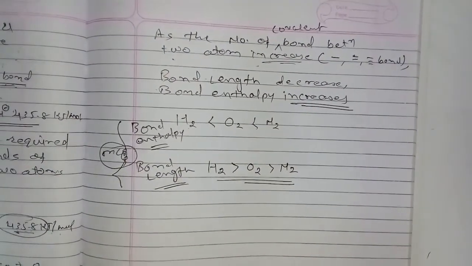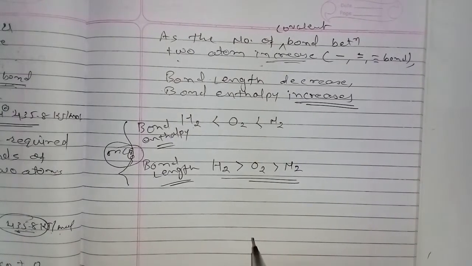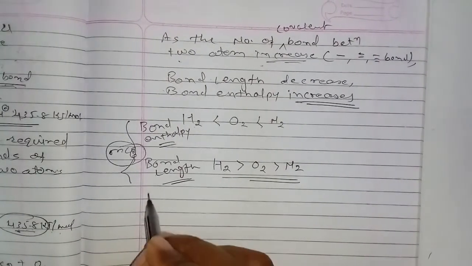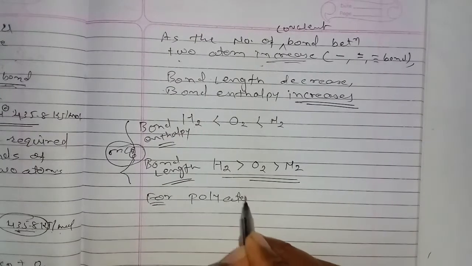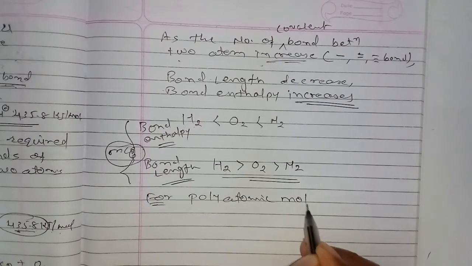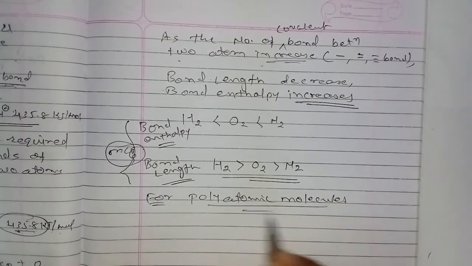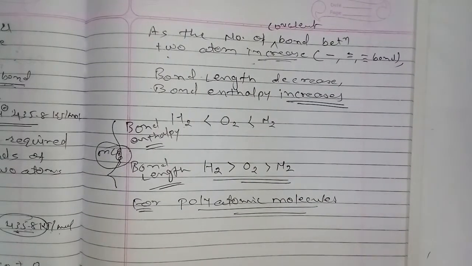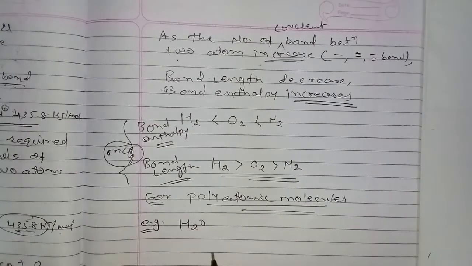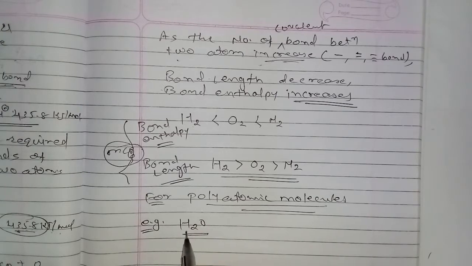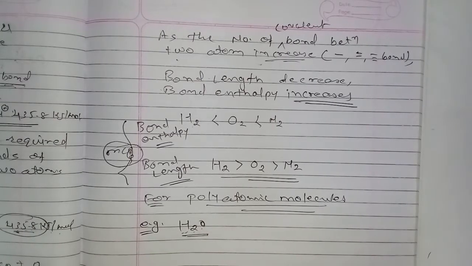Now the second concept is for polyatomic molecules. For example, the water molecule is a polyatomic molecule because here there are 3 atoms, 2 atoms of hydrogen and 1 atom of oxygen.